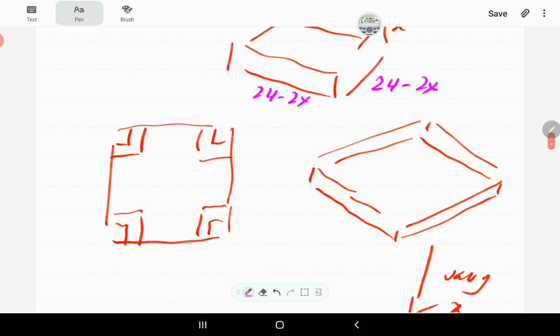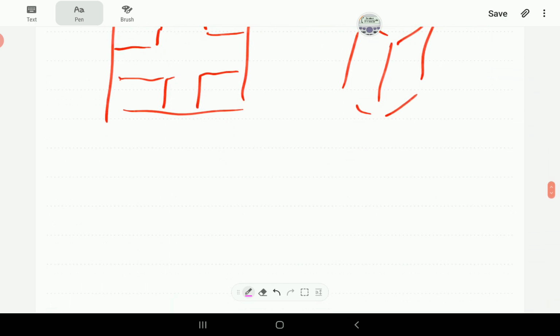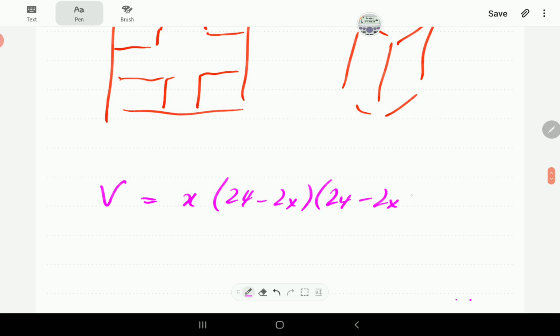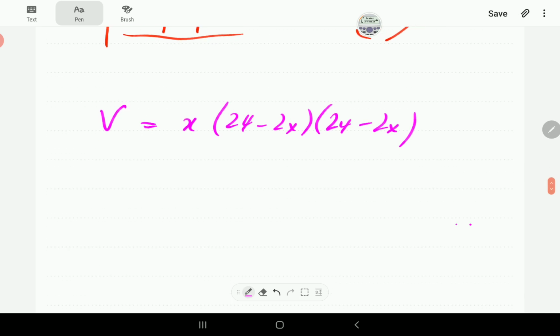So that means the volume of the box is going to be x, which is the height, times 24 minus 2x, which is the length, times 24 minus 2x, which is the width. If we factor out 2 here and 2 here, you can write this as 4x into (12 minus x) squared.